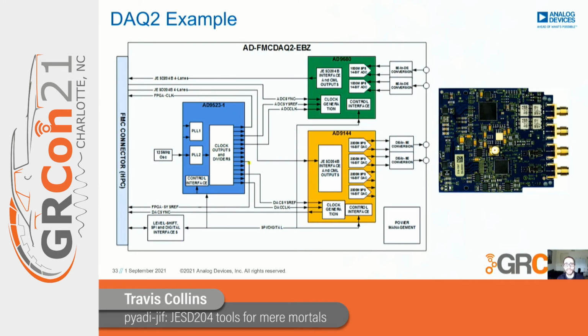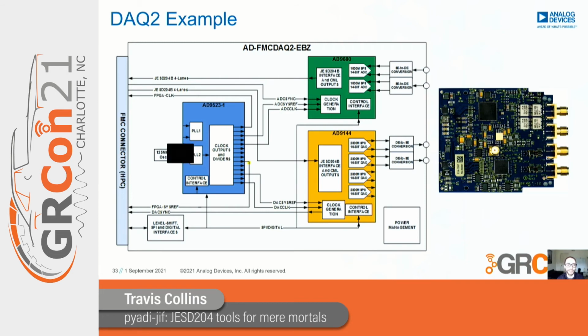Just to give you an idea of the clocking diagram, on the left we have the clock chip, which is feeding both the DAC and ADC, and then the FPGA, which will be connected to that FMC connector.